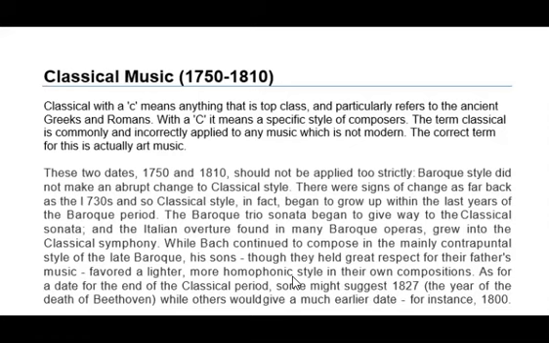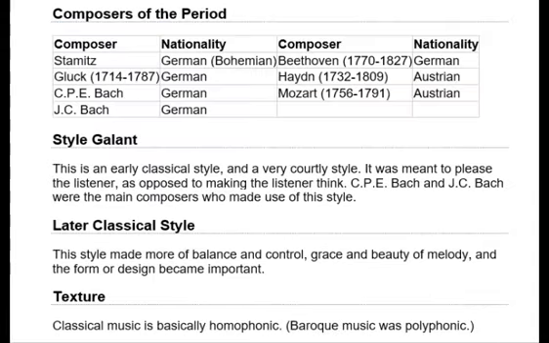As for a date of the end of the classical period, some might suggest 1827, and that's the year of the death of Beethoven, while others would give a much earlier date, for instance 1800. Now, the main composers of the classical era, you will see a lot of German names here, Austrian names here: Stamitz, Gluck, C.P.E. Bach, the son of J.S. Bach, J.C. Bach, another son, Beethoven, there I see the date 1827, as some suggested maybe the end of the classical era.